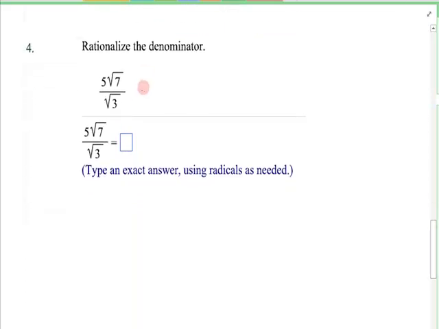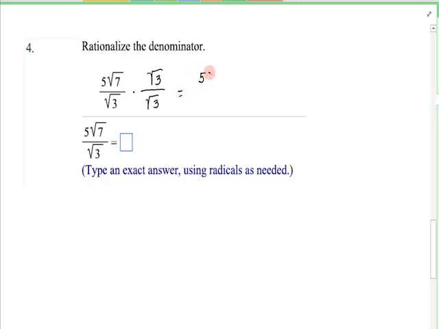Number 4. Always check to see if you can simplify any of the radicals, if anything's a perfect square, and it's not. So I will rationalize this. What do I focus on? I focus on the denominator. I'm rationalizing the denominator. So I'll multiply by the square root of 3 over the square root of 3.